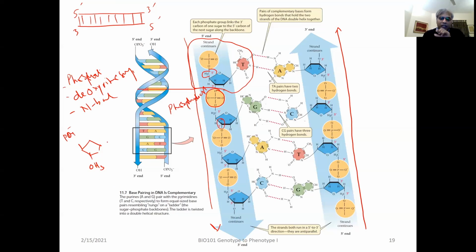If we have to elongate the chain of DNA, the next nucleotide will come here. Normally the phosphate is on the 5th position of a nucleotide. Here the hydroxyl group will be free. So this is the 3' end.